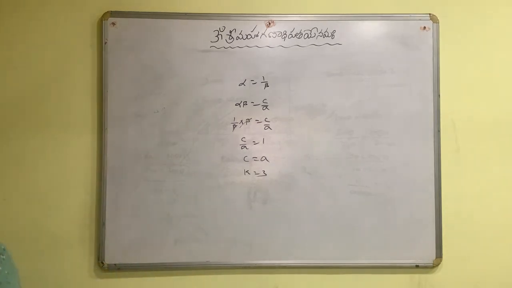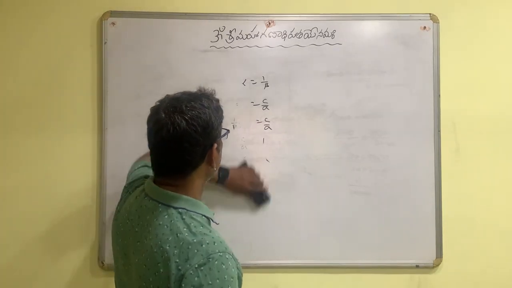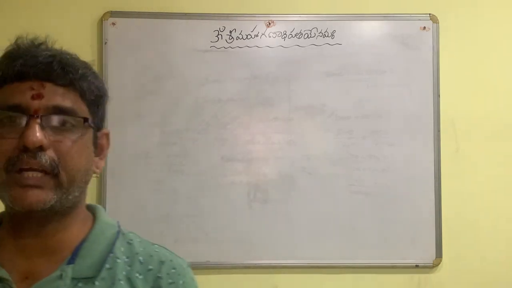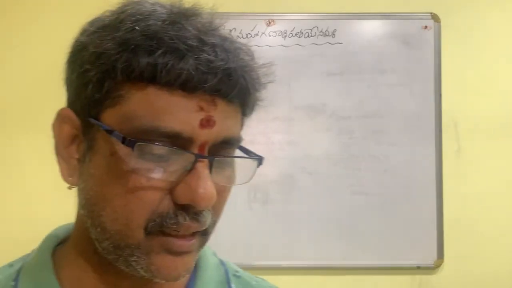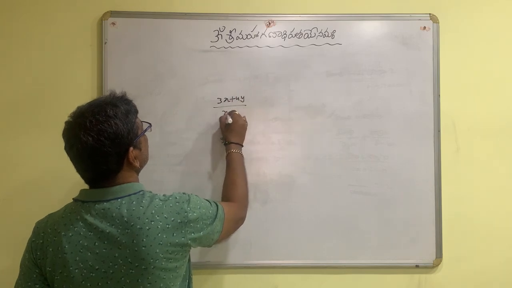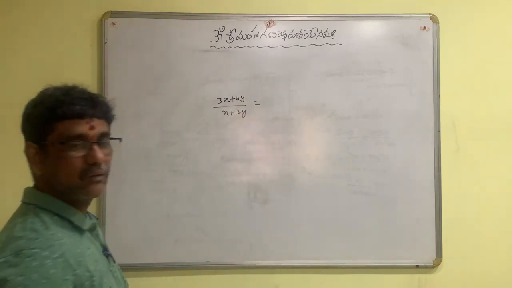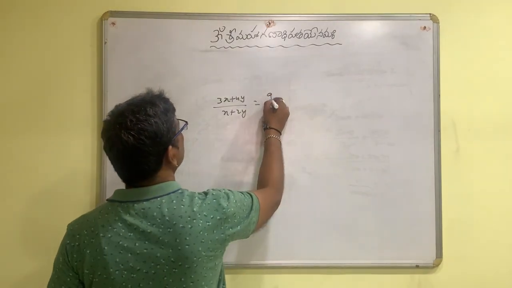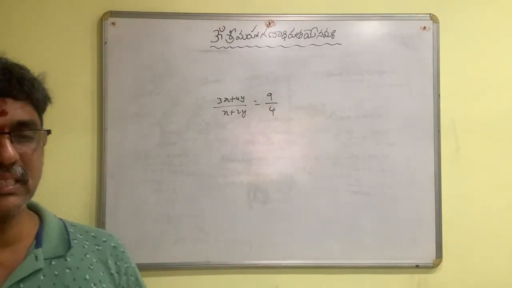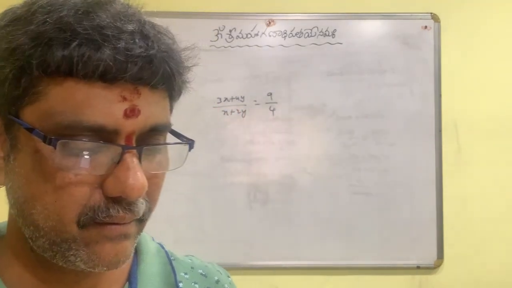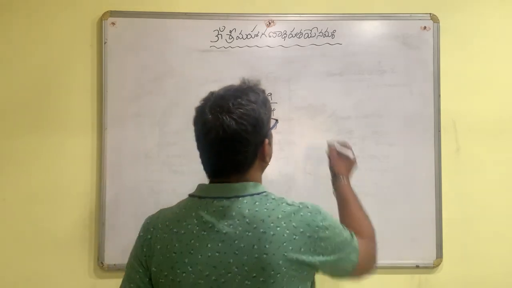Now, third question, children. What is your answer? 3x plus 4y by x plus 2y is equal to 9 by 4. And what is he asking? 3x plus y by 3x minus y.